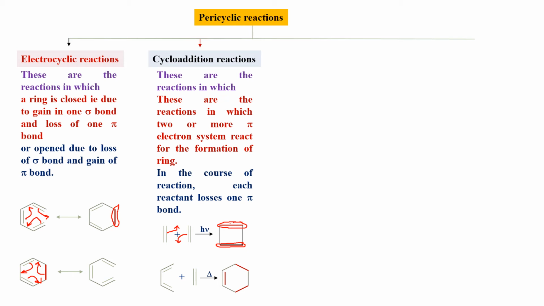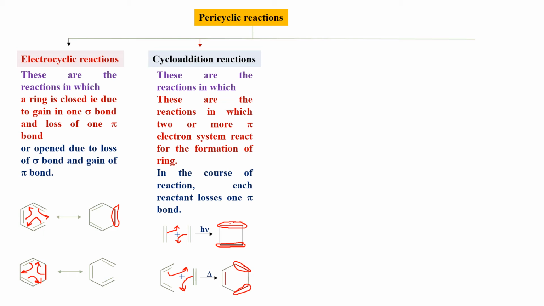This pi bond shall be shifted between these two terminal carbon atoms. Similarly, this CH2 will lose one pi bond and the bond will be shifted between these two carbon atoms. So we can see there is a formation of one sigma bond at the cost of one pi bond. This is another sigma bond formed at the cost of another pi bond.